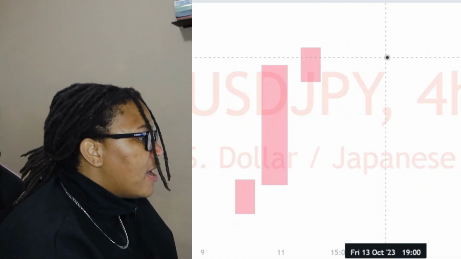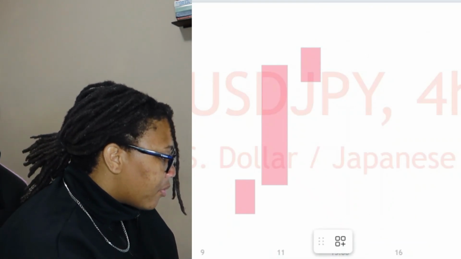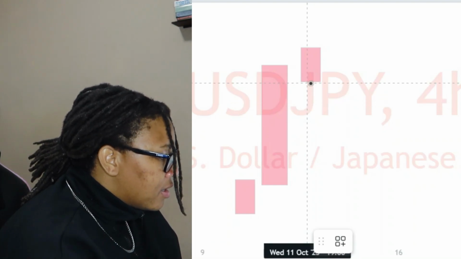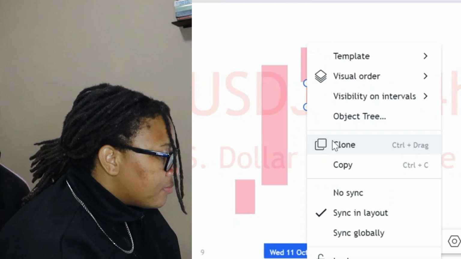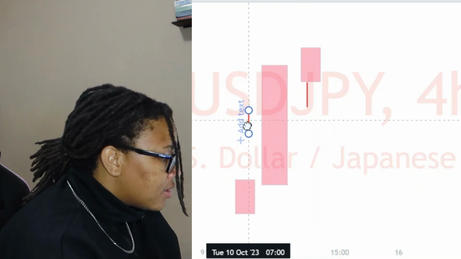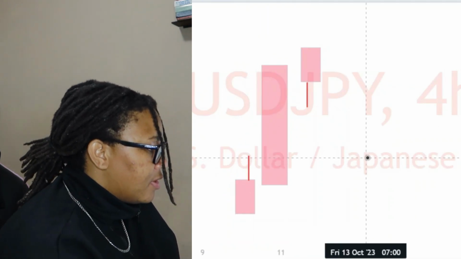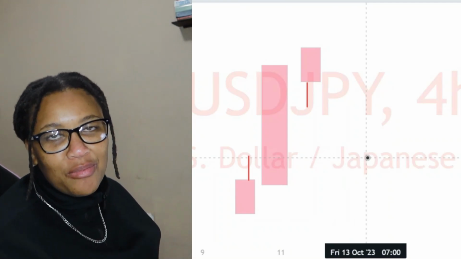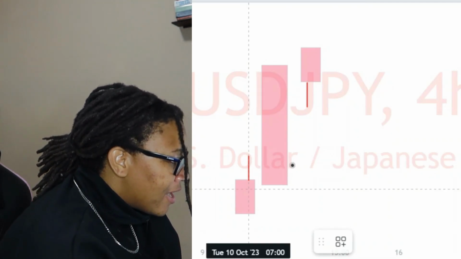And the wicks, let me draw the wicks. This is a wick. I'm just gonna clone that, and then take this, put it here. It's not perfect, but you guys can see what I'm trying to communicate.